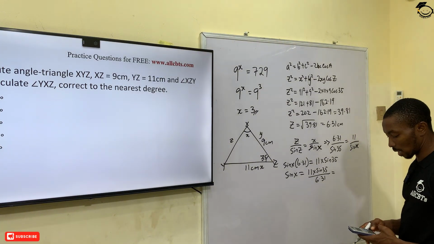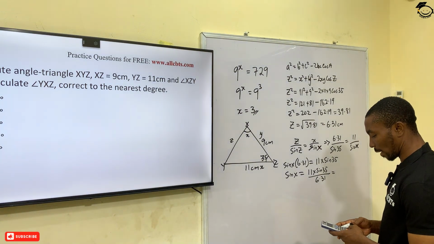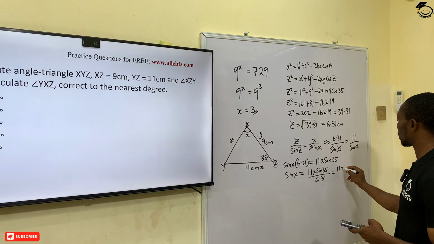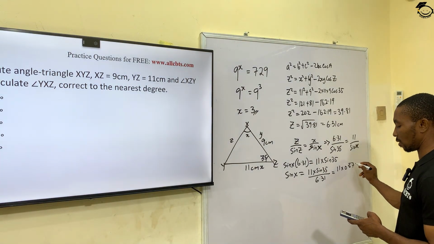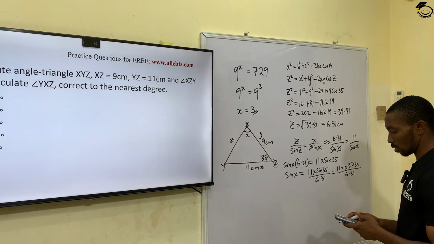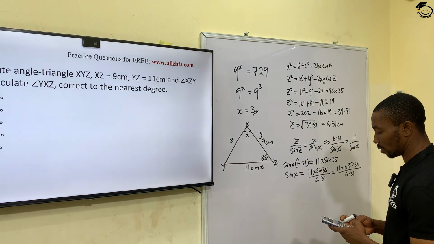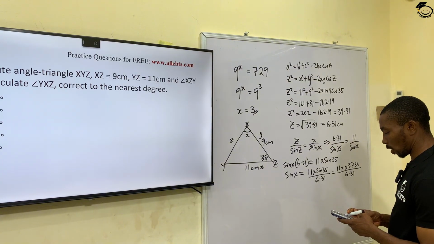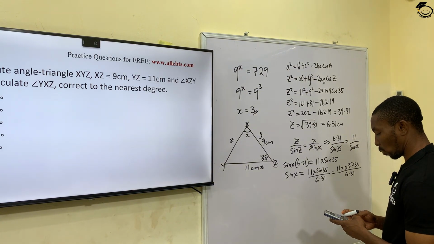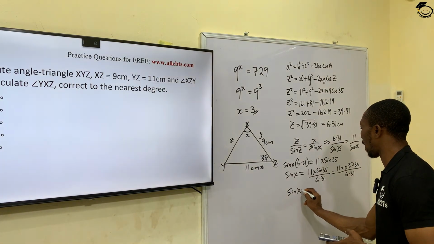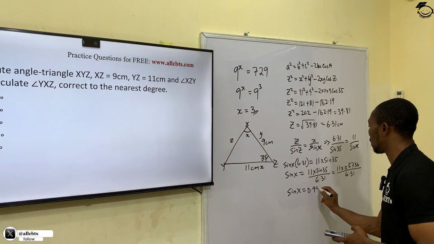Okay, so sine x equals 11 times sine 35 all over 6.31. Now 11 times sine 35 would give us 11 times 0.5736 all over 6.31. So times 11 divided by 6.31, we have sine x equals 0.9999.